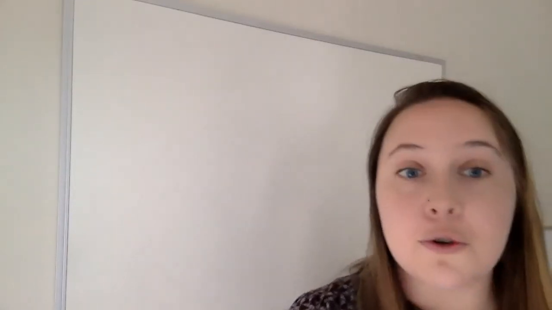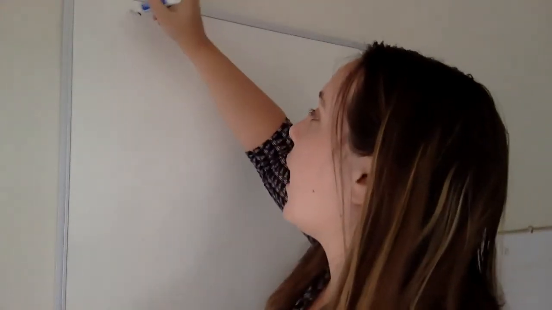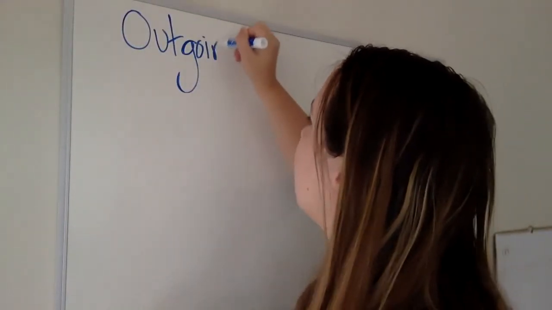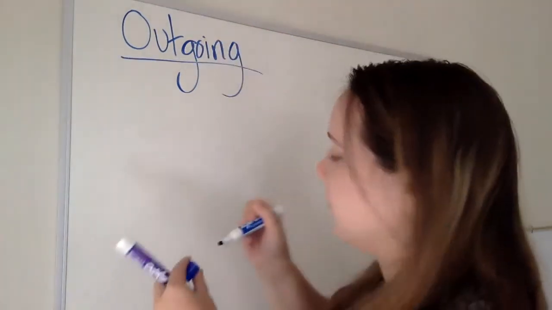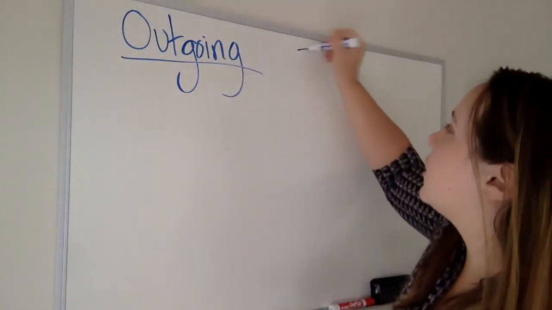Okay. All right. So let's think of some examples for people who are more outgoing and people who are more introverted. So we'll use some colors. So people who are outgoing. And then people who are more introverted.